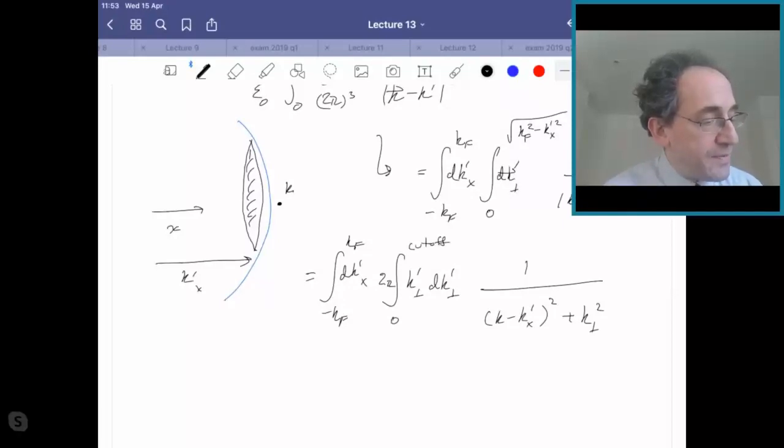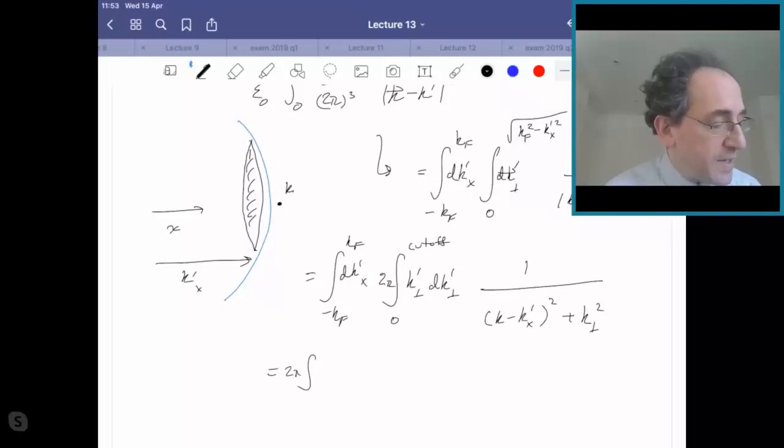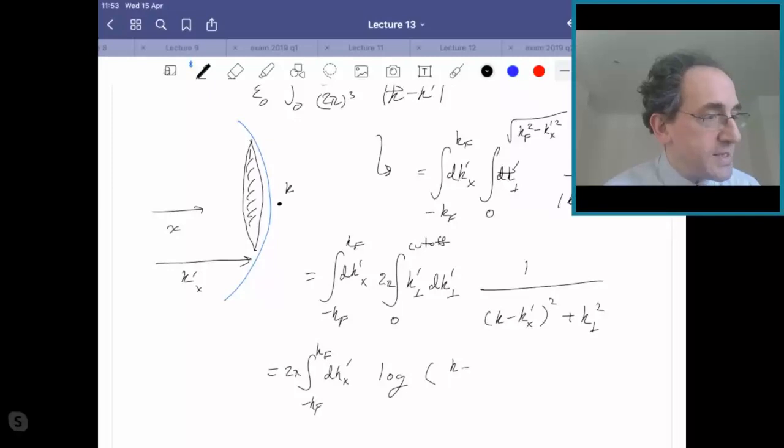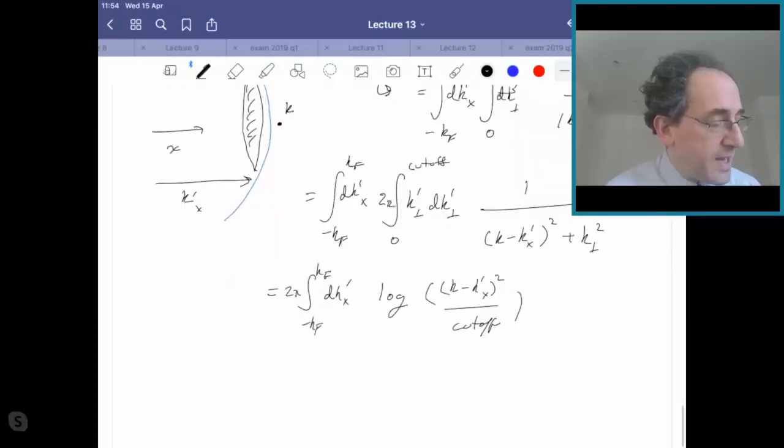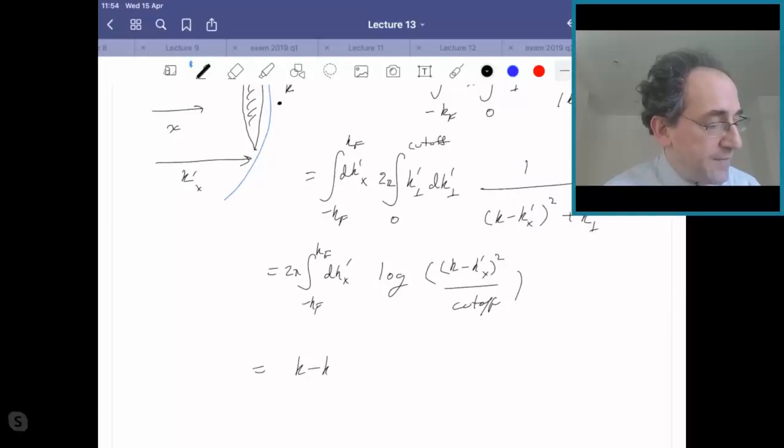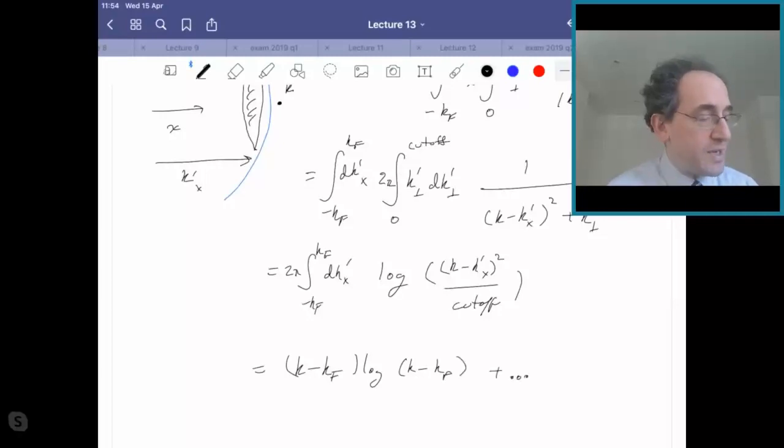So we can do that integral, and it gives us a log. There's a 2 pi, an integral from minus kF to kF dk x prime, and then what we get from that integral is the log of (k minus k x prime) squared divided by the cutoff. If we do that integral, we then get (k minus kF) log (k minus kF) plus correction terms associated with the cutoff.